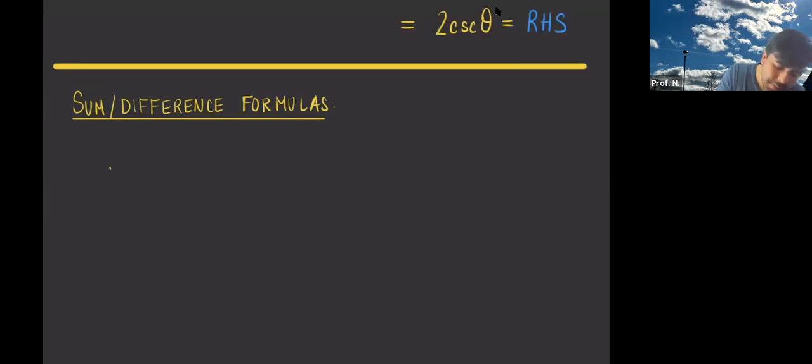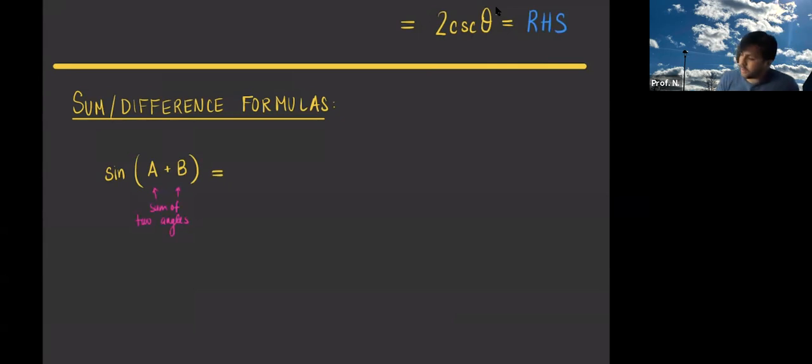So the idea is, what happens to sine when I have a sum of two angles? So make believe I have a sum of two angles, A and B. So A and B are angles. What's the formula behind that? There is a formula.